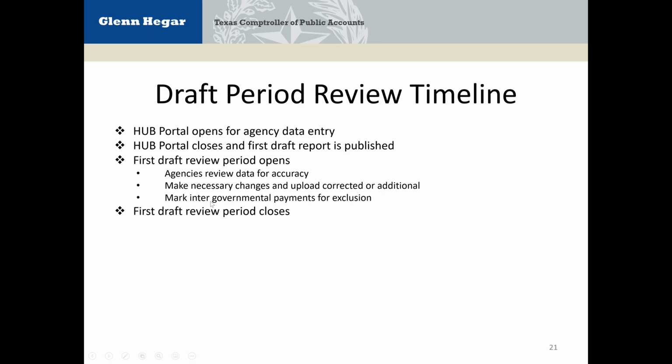You're not able to see those if they are Treasury data until that first draft period, because I load the Treasury data for you. So that's your first opportunity to go and see your Treasury data along with everything you uploaded, and to mark those intergovernmental payments for exclusion.